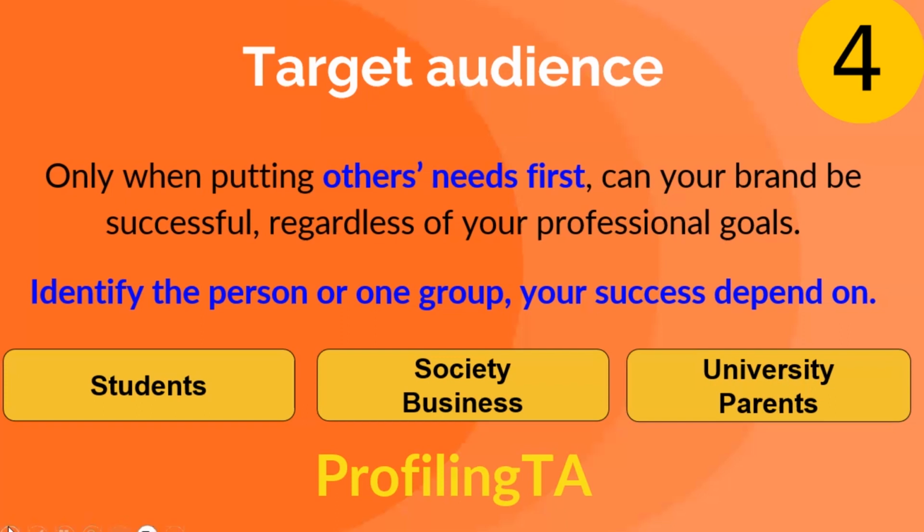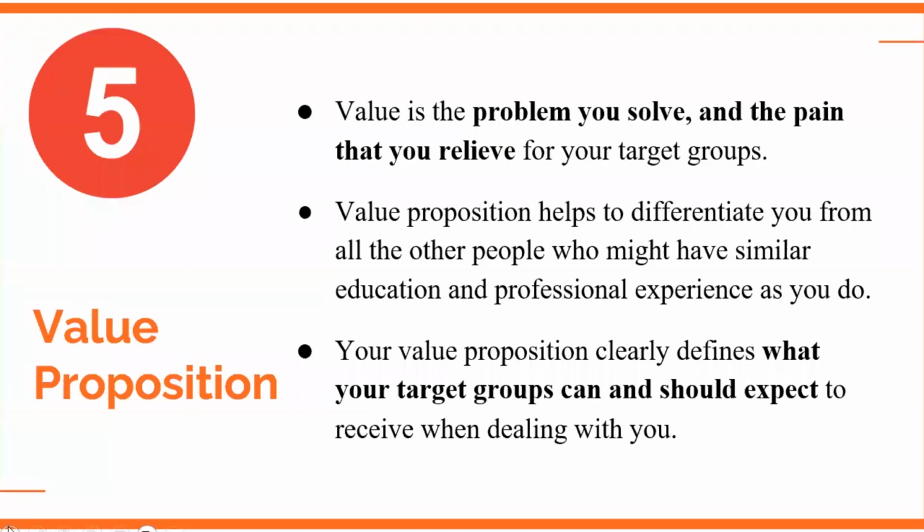So profiling is what can be done. Once this profiling has been done, the next step is ascertaining the value proposition. This is very, very crucial when it comes to personal branding, because up to the fourth layer we have tried to understand ourselves as educators, as teachers, as researchers, and as administrators.